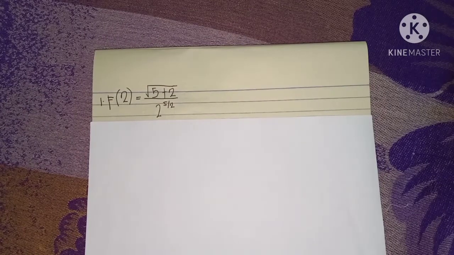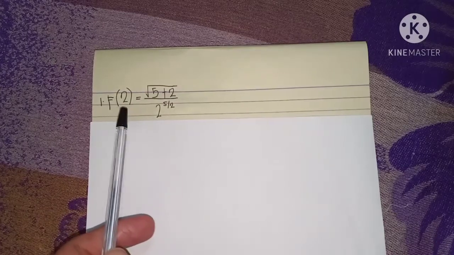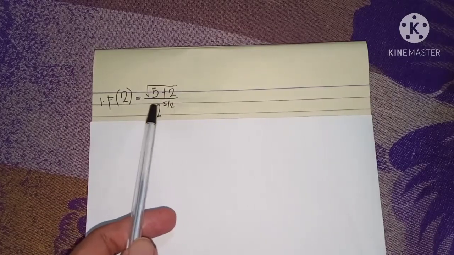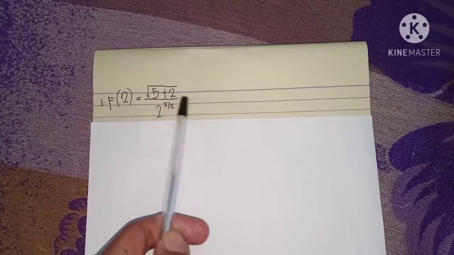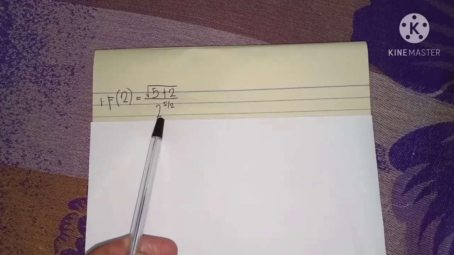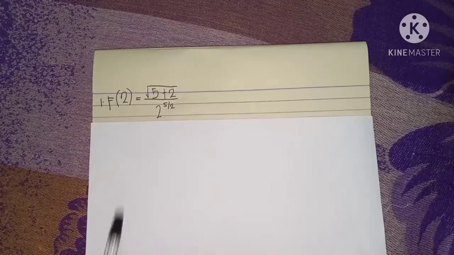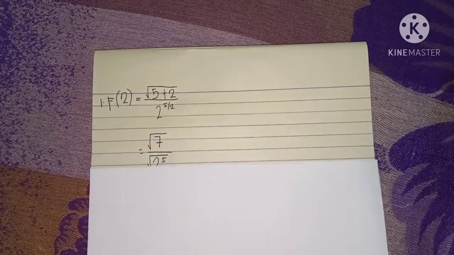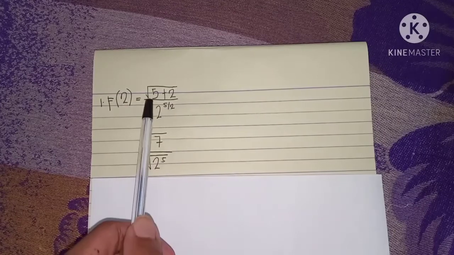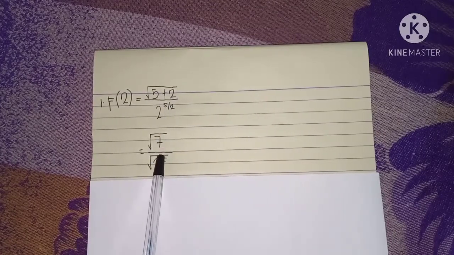So what we're going to do first is substitute x by 2. So f of 2 equals square root of 5 plus 2 over 2 raised to the power of 5 halves. And then we will simplify. 5 plus 2 equals 7.